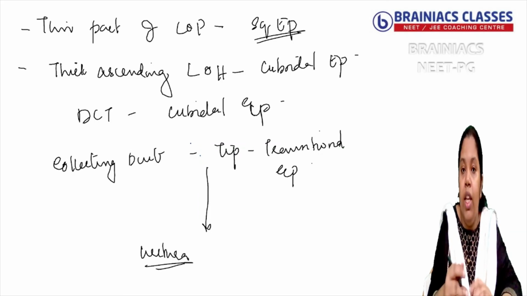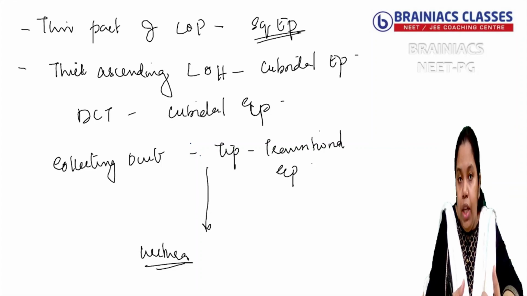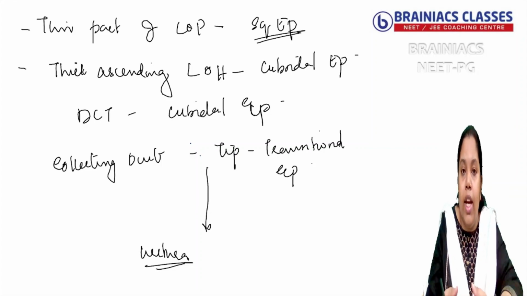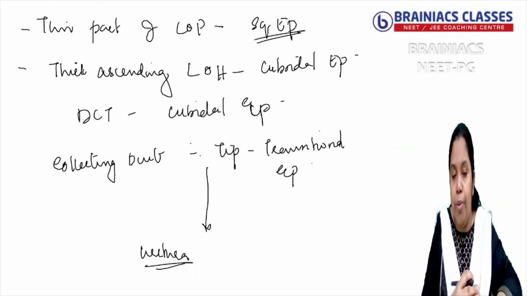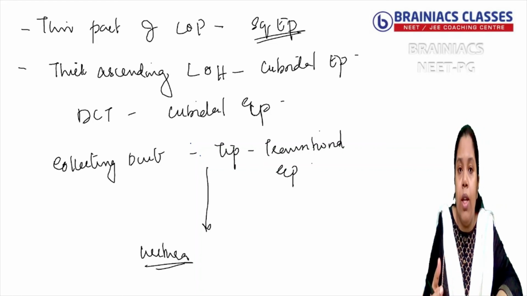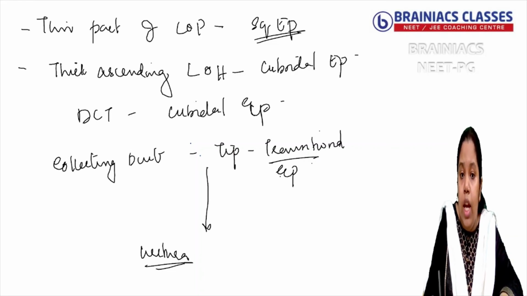The whole collecting part of the kidney, the renal calyces, renal pelvis, the pyramids, the ureter, the urinary bladder up to the urethra, has transitional epithelium.